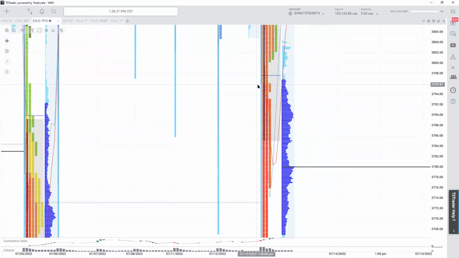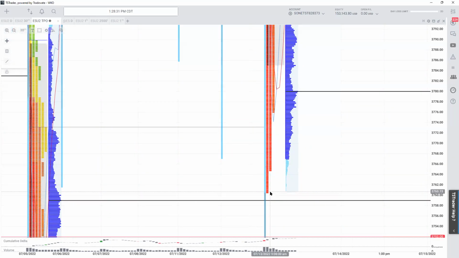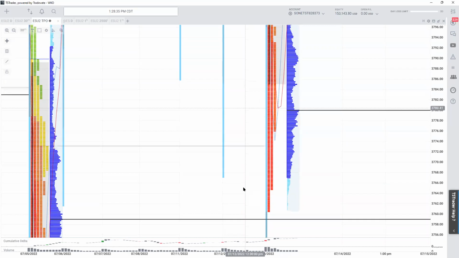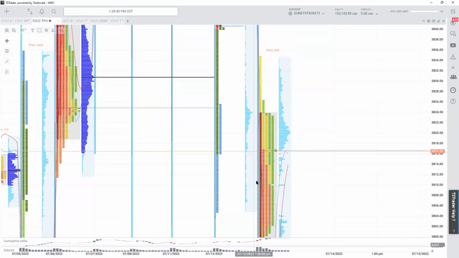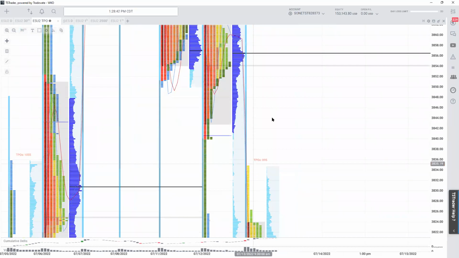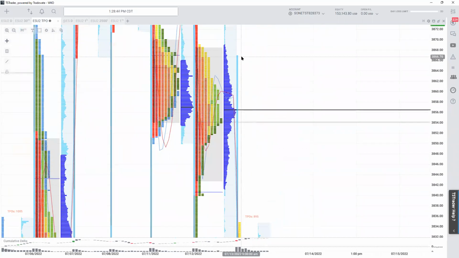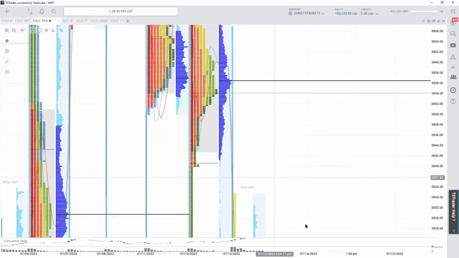So the initial balance goes from here to here. And then you can see where it gets a little bit darker. That shows extensions of the initial balance. By the time you get up here, that's 2 times the initial balance.